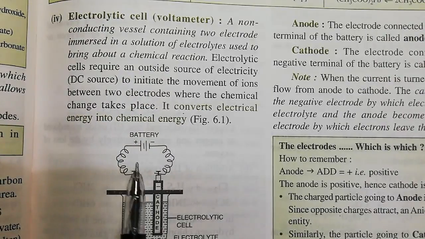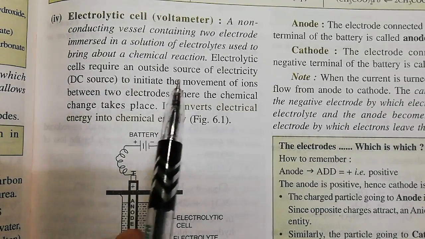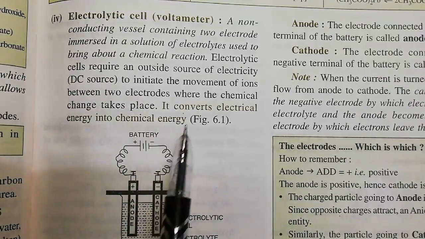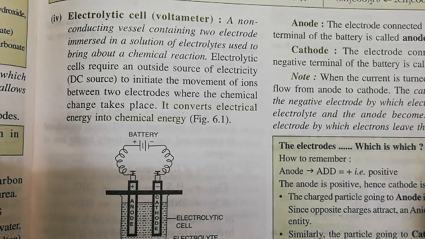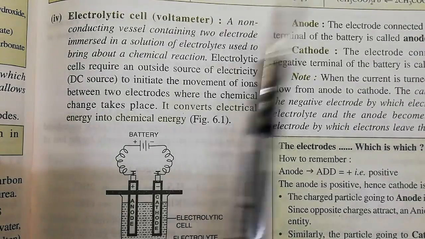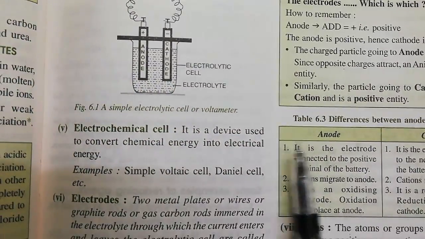Whenever electricity flows there will be a chemical change at the surface of the cathode and anode, at the cost of the DC source. So that is the electrolytic cell in which electrolysis is carried out, and that is said to be the voltameter.